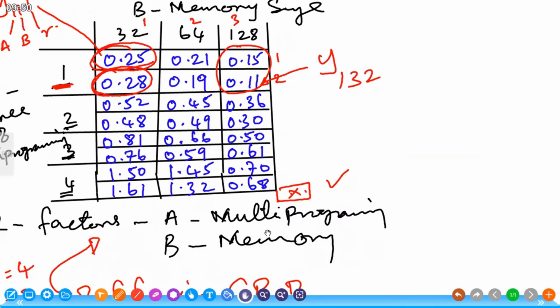0.21 plus 0.19. Exactly. So now you see, we are adding the values of the first level of A plus the second level of B. That is why we are saying y1 2 dot square.